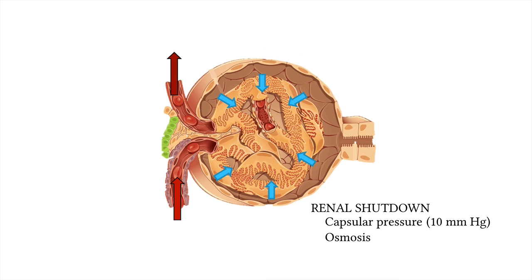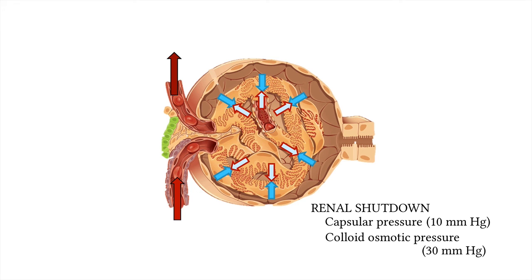So the water in the filtrate is attracted back to the location of the higher concentration of proteins. That means it will cross the filtration membrane and move back into the capillaries. But that movement opposes the glomerular capillary pressure, which is pushing water out of the capillaries. We call the pressure that this osmosis provides the colloid osmotic pressure. It's about 30 millimeters of mercury.